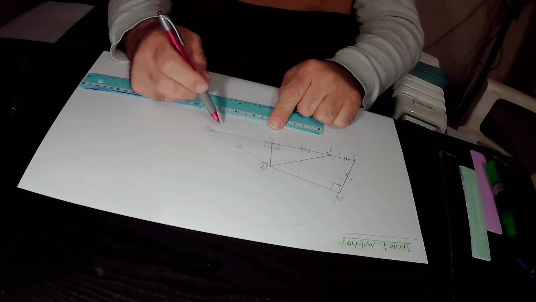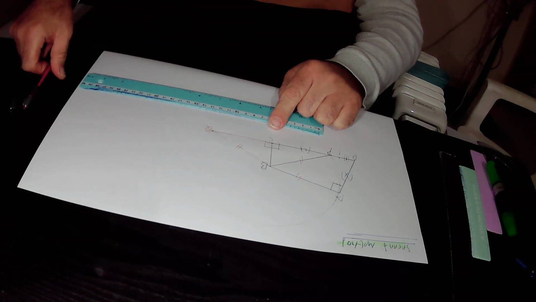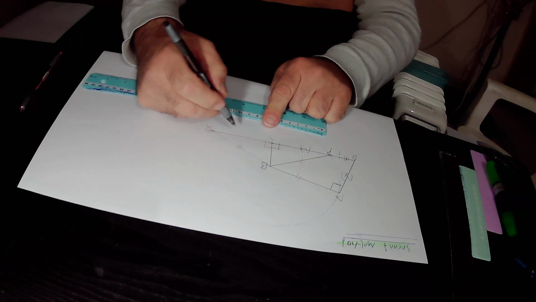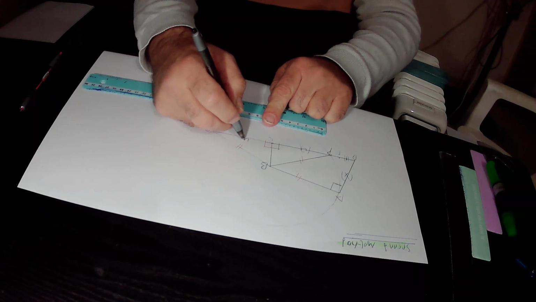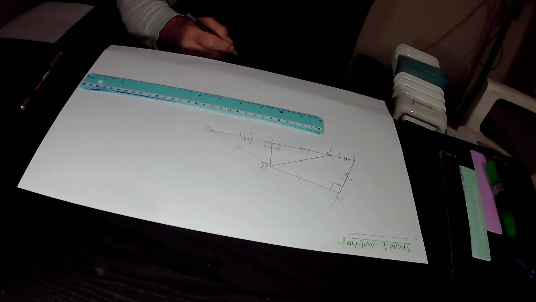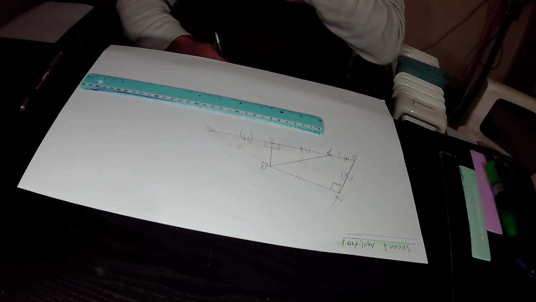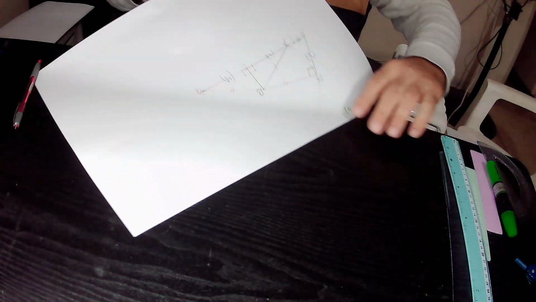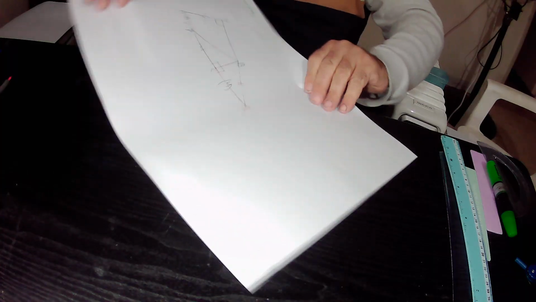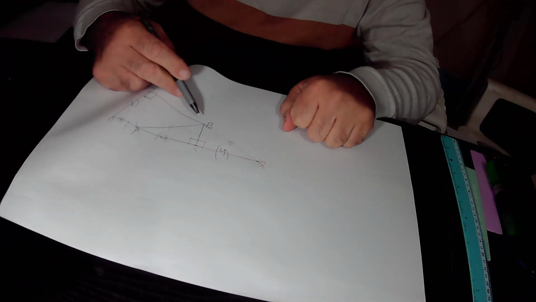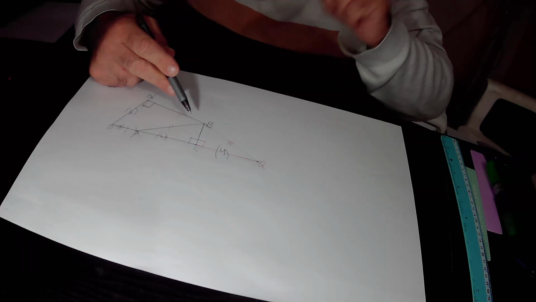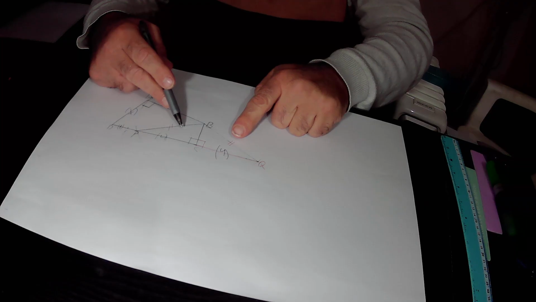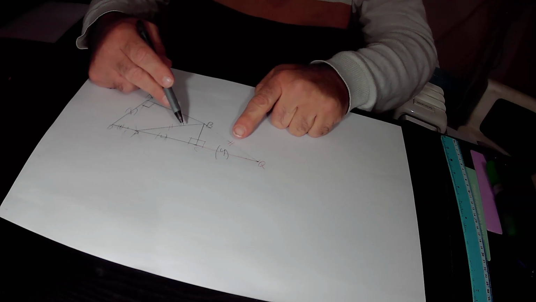Again, CQ equals 4 units according to our construction. We extended line segment DC by 4 units. Therefore, CQ equals 4. Those two right triangles, PBC and BCQ, can go into each other according to the side angle side rule.